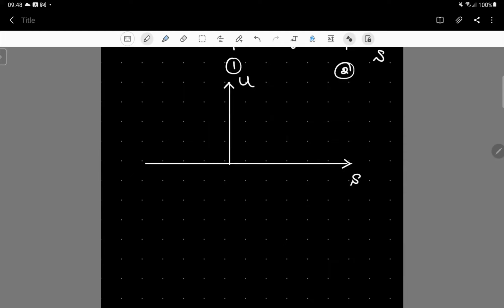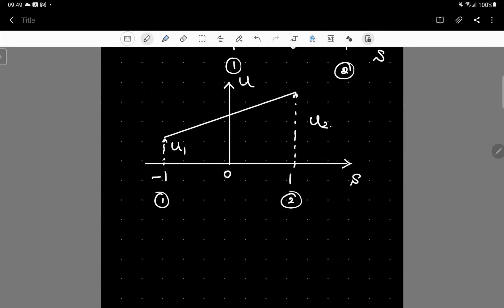So now we know the displacements are bounded by -1 and 1, at node 1 and node 2, and the corresponding displacement at node number 1 is u1, and the displacement at node number 2 is u2. So the displacement within the domain is nothing but a linear function described using, if you can remember, the shape functions.